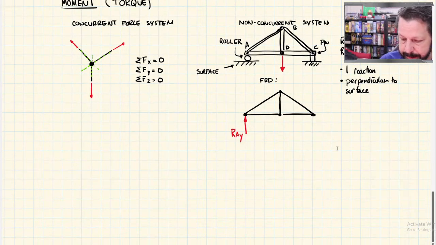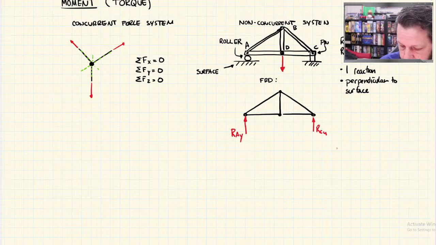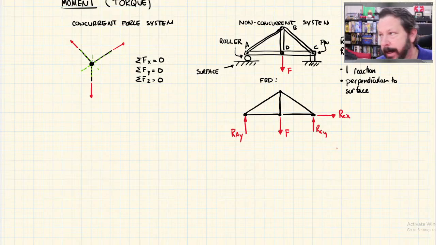So there would be a reaction at C in the Y direction and a reaction at C in the X direction. And then I've got this force that's hanging off of it. Let's just say that that's F. I don't need numbers right now. We'll get to a problem that actually has numbers later.